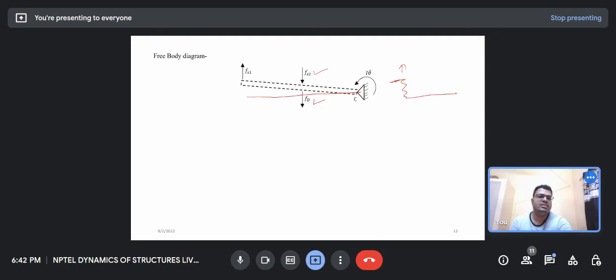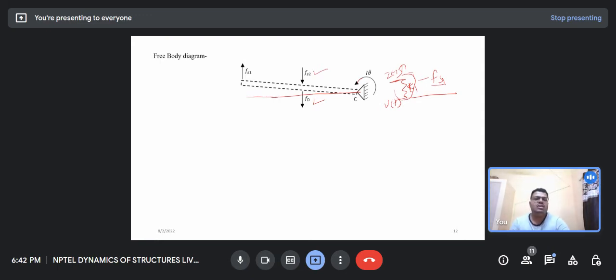We have applied the excitation here, zt, and vt is the displacement at that point, and K1 is the stiffness. So there is also force developed in this spring. What is the force developed in this spring? Let that force be Fs1.